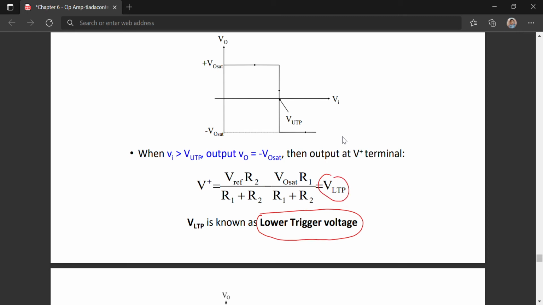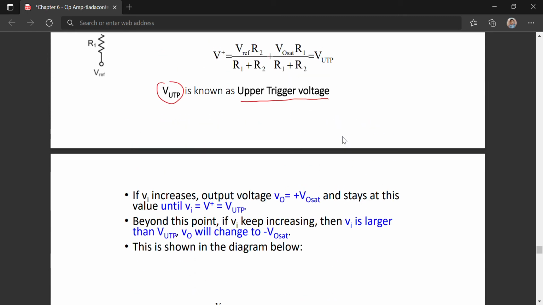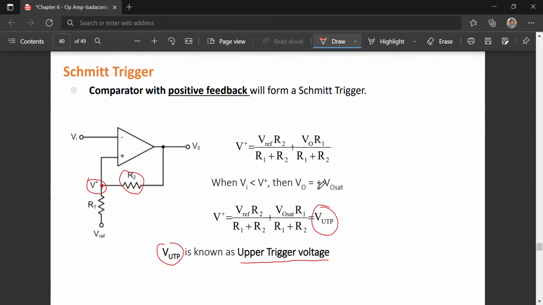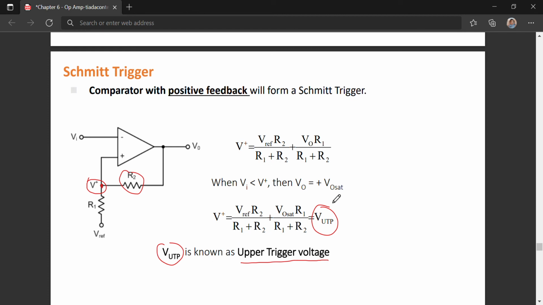Okay, VLTP and VUTP. For this VUTP and VLTP, you determine them by getting the V plus value. From the V plus value, you will get VUTP and VLTP.